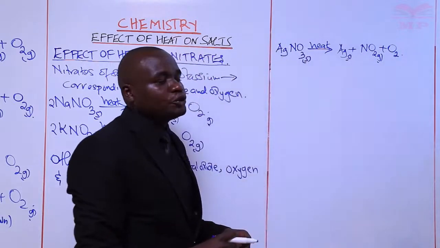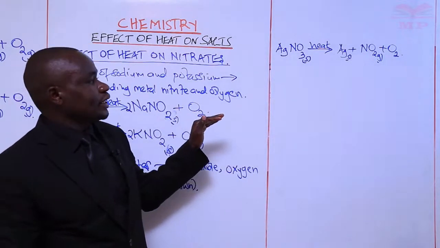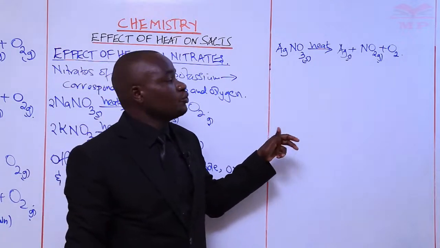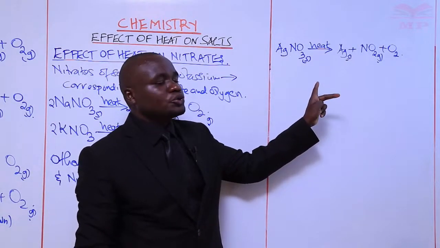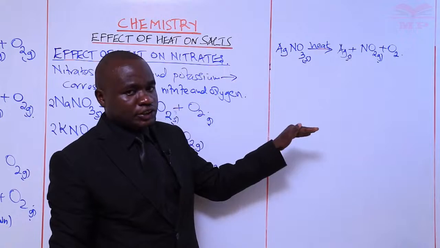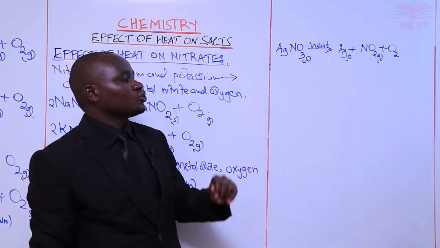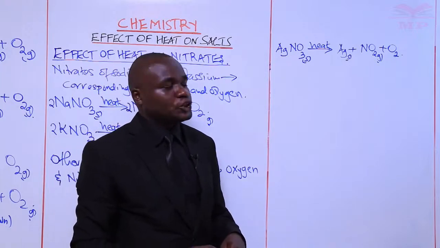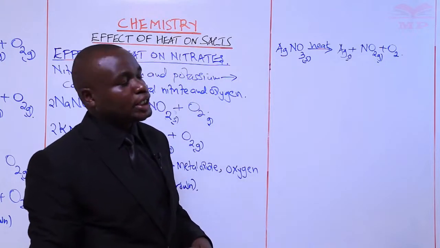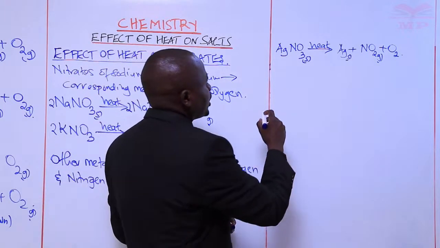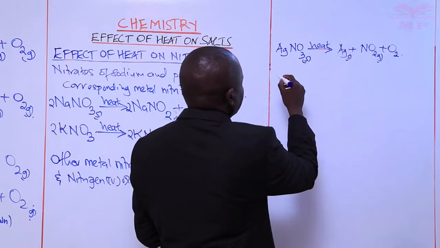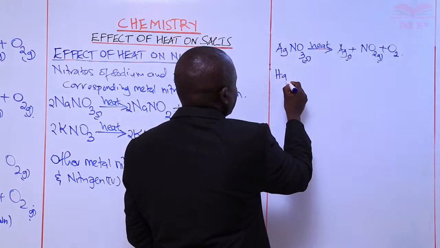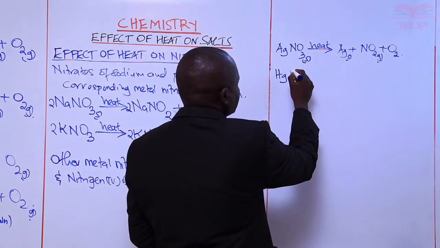So don't confuse. The other metal nitrates will give you the corresponding metal oxide, but those which are least reactive, the likes of silver and mercury, they will give you the corresponding metal, nitrogen oxide, and oxygen. So the other one is gold.